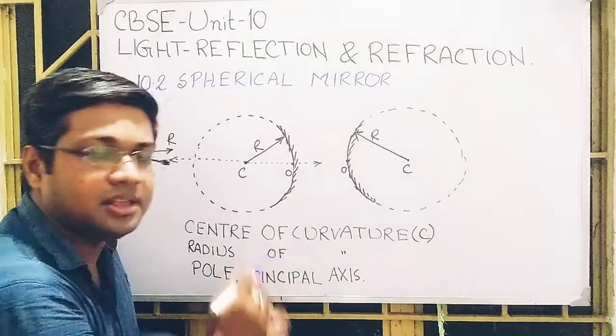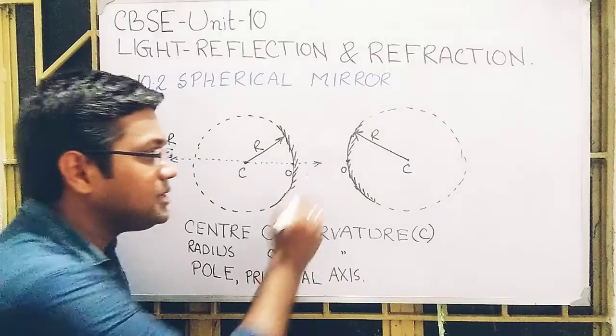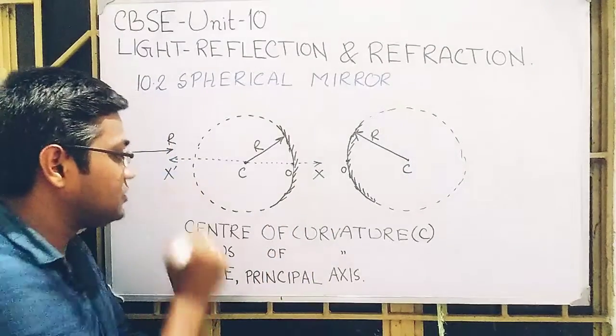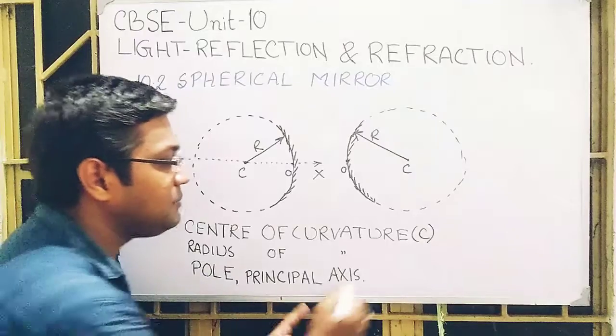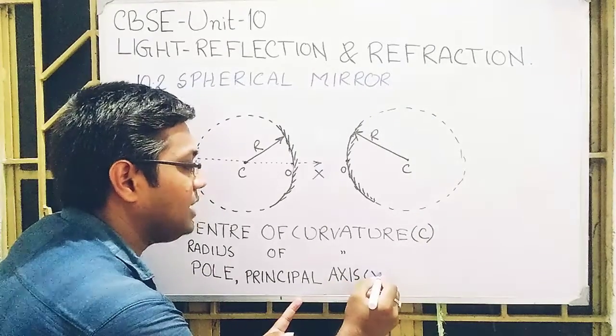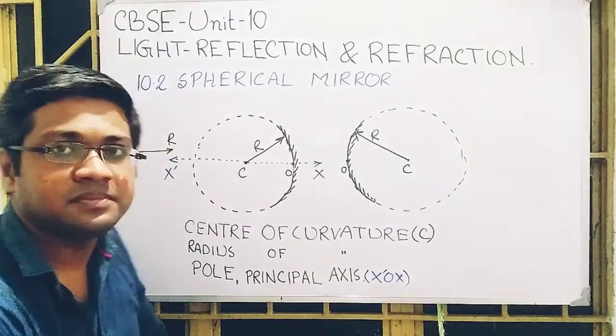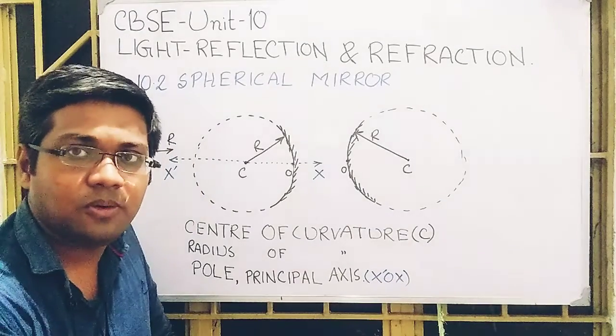For our convenience, we just take it as the x-axis. So if anyone asks what the principal axis is, we will say it is x prime O x.